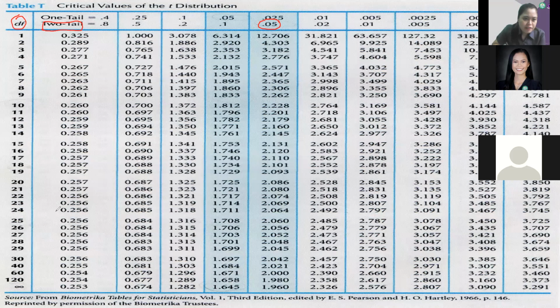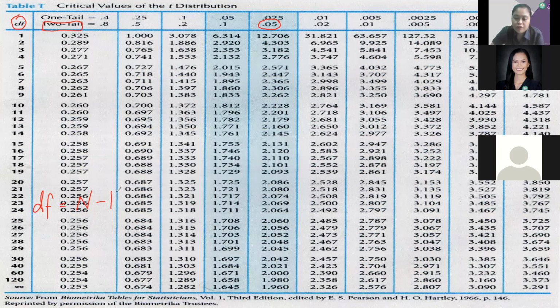What is the DF again, class? The DF is the degrees of freedom, and this is our formula. If there is only one group, DF is n-1. The DF is the number of observations that are free to vary.